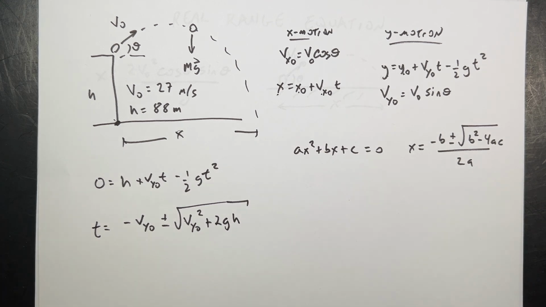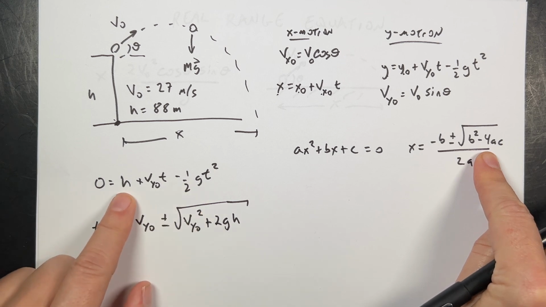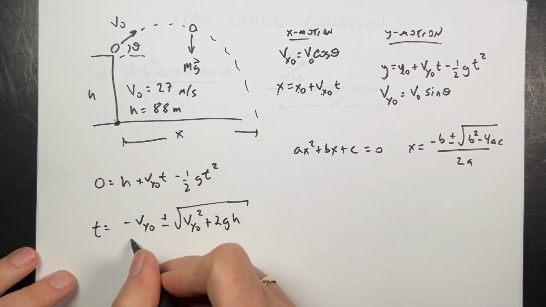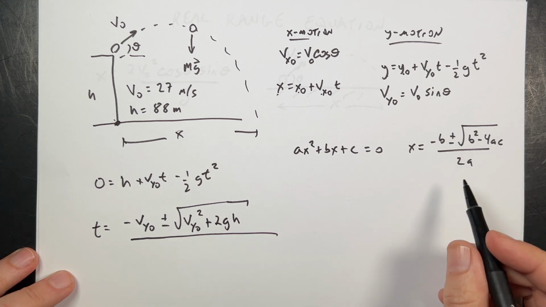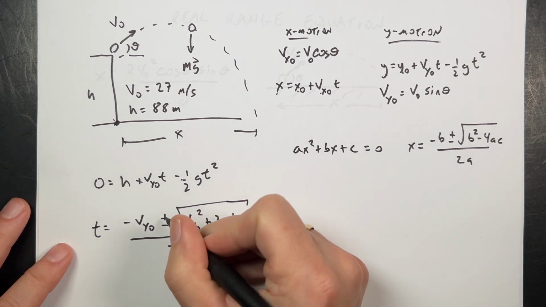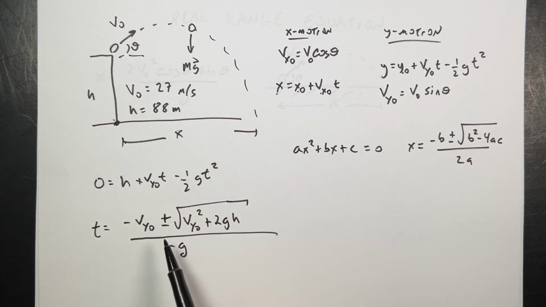I did that right? So 4 times this is negative 4, negative 2g, and then that c is h. Yeah, okay. And then I need to divide by 2a, which is going to be negative g. And we're going to get two terms. We're going to get a plus and a minus.